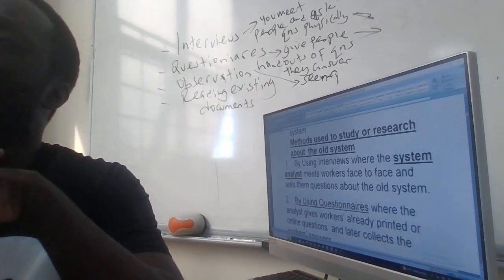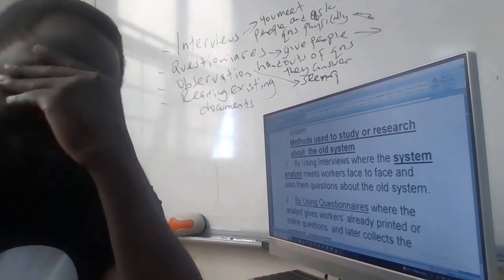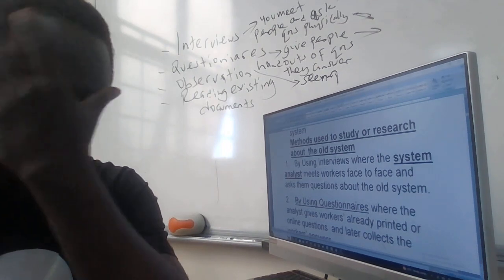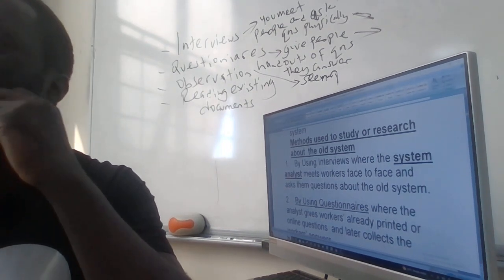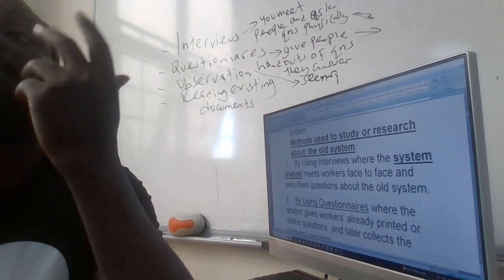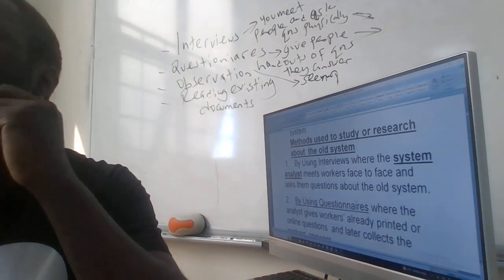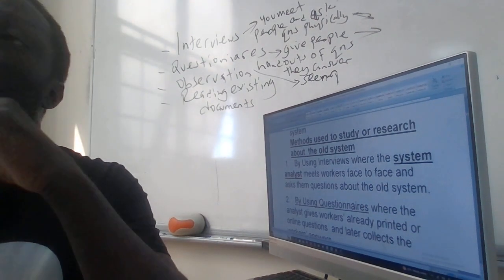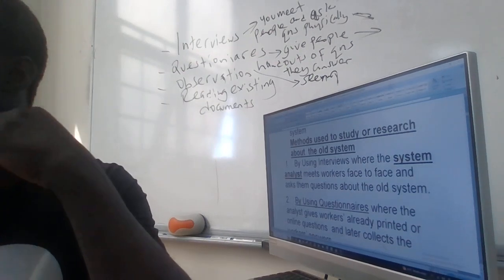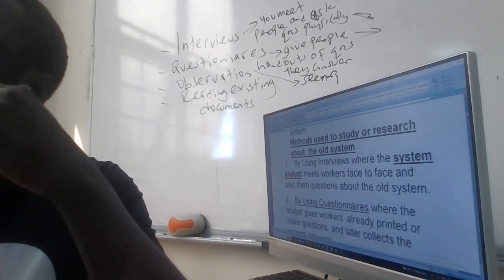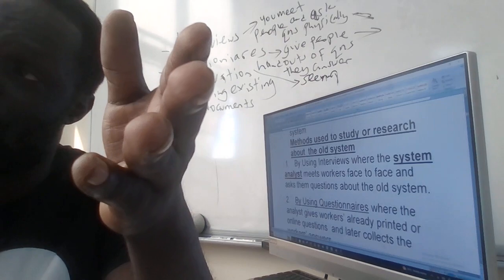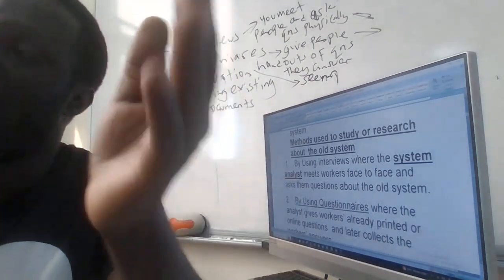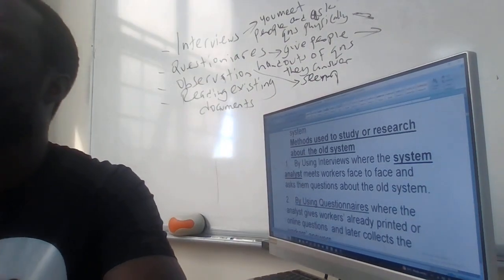And disadvantages, I know of one. The major disadvantage of observation is that people might not work normally. People might pretend and work differently. They can feel shy and pretend. Is it okay?